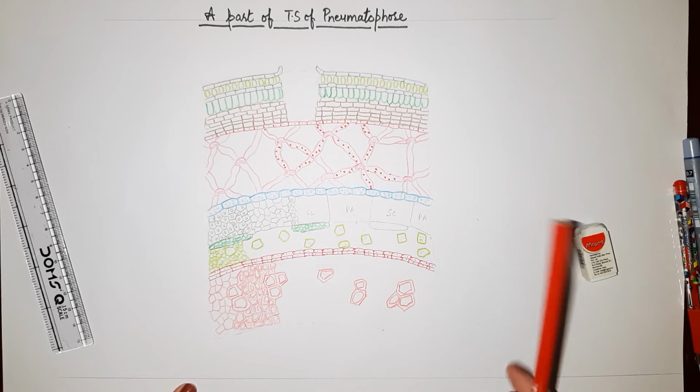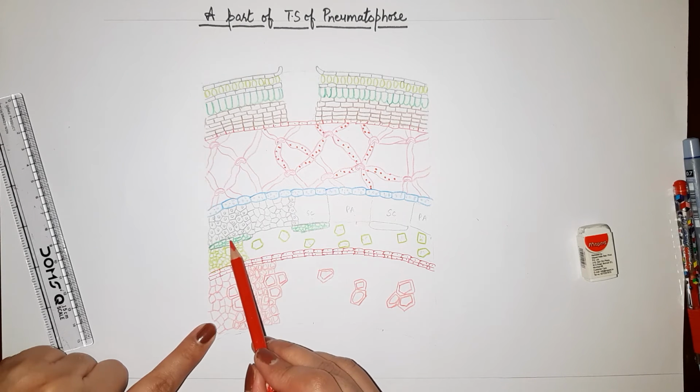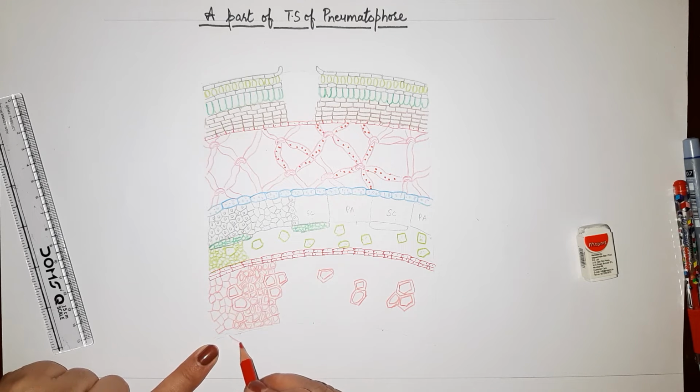Then we have the patches of primary xylem. Now these patches should be just below primary phloem. So below this patch, here you will show primary xylem. Similarly below this patch and below this one.